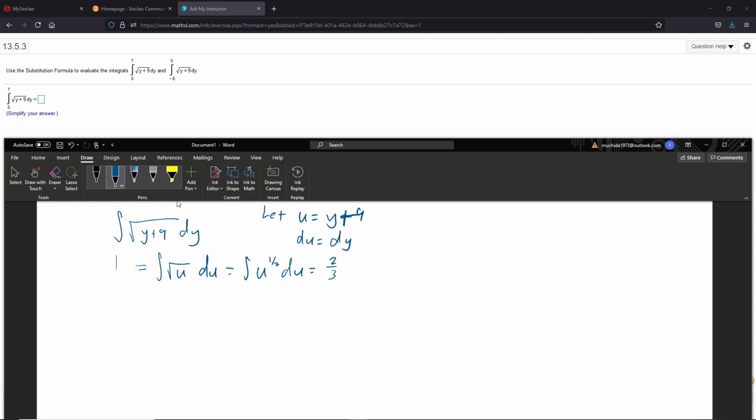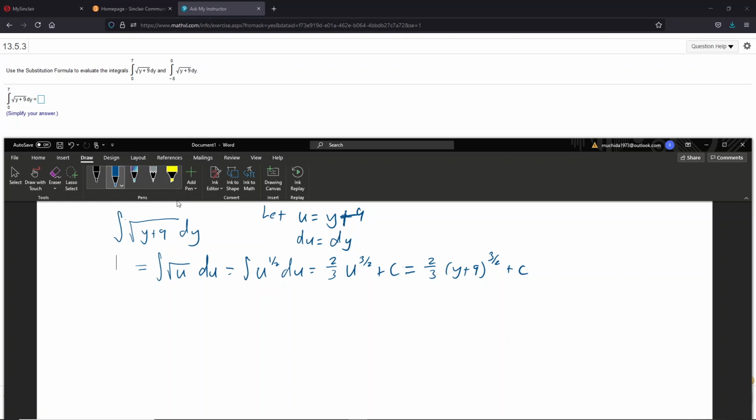So we'd have 2/3 u to the 3/2, plus c, because this is an indefinite integral. And then substituting y plus 9 back in for u, we'd have 2/3 times (y plus 9) to the 3/2 plus c.